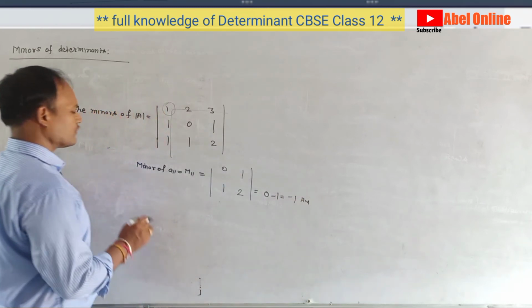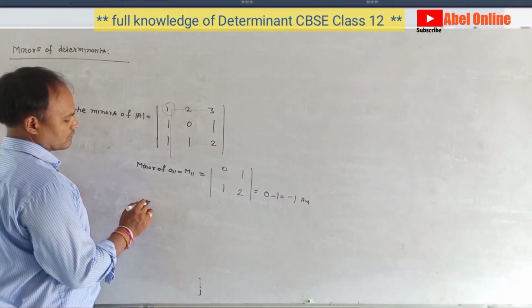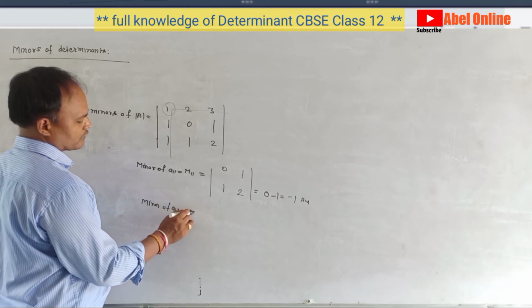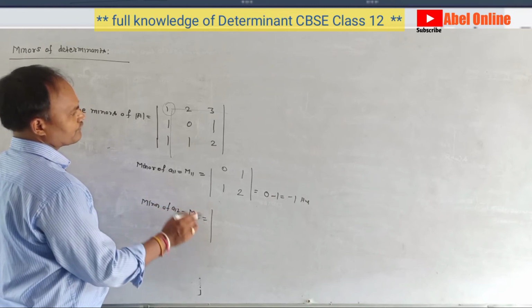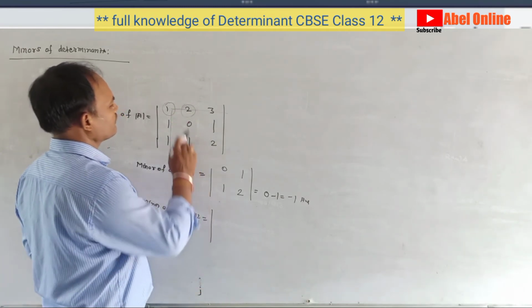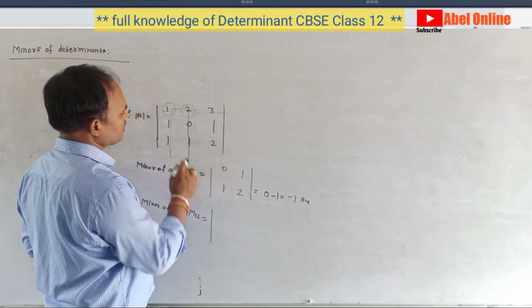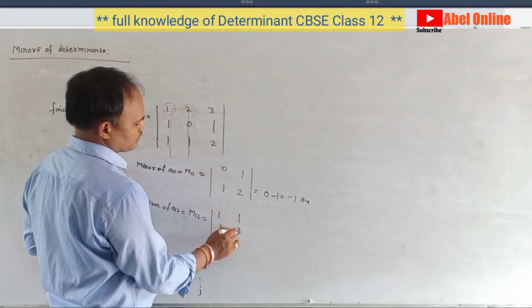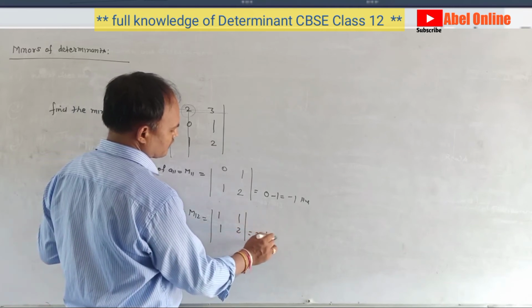In this way you have to find all the values. Minor of A12 means M12. So what is the value? For M12 we have to eliminate this row and column. The elements are 1, 1, 1, 2. So it is 2 minus 1, which is 1.